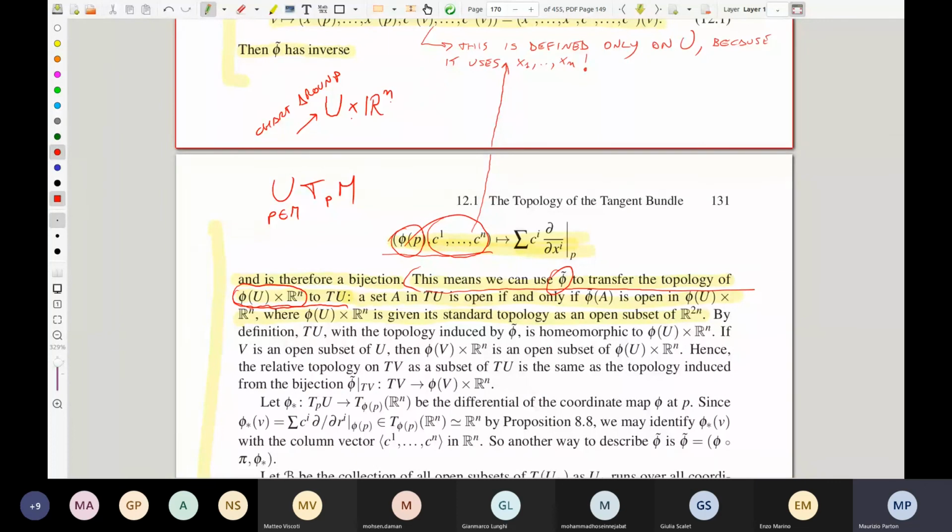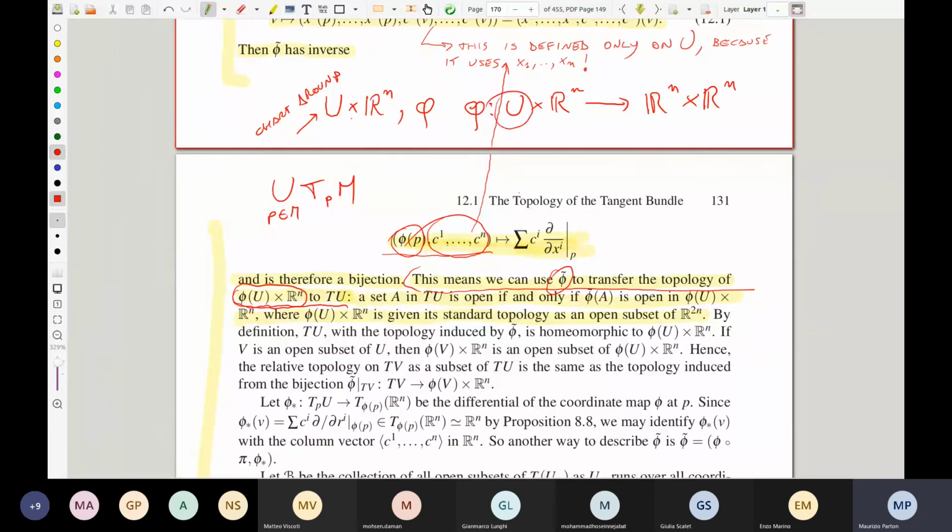This is the open set. And what is phi? Well, phi is the map going from this chart into Rn times Rn. In which way?